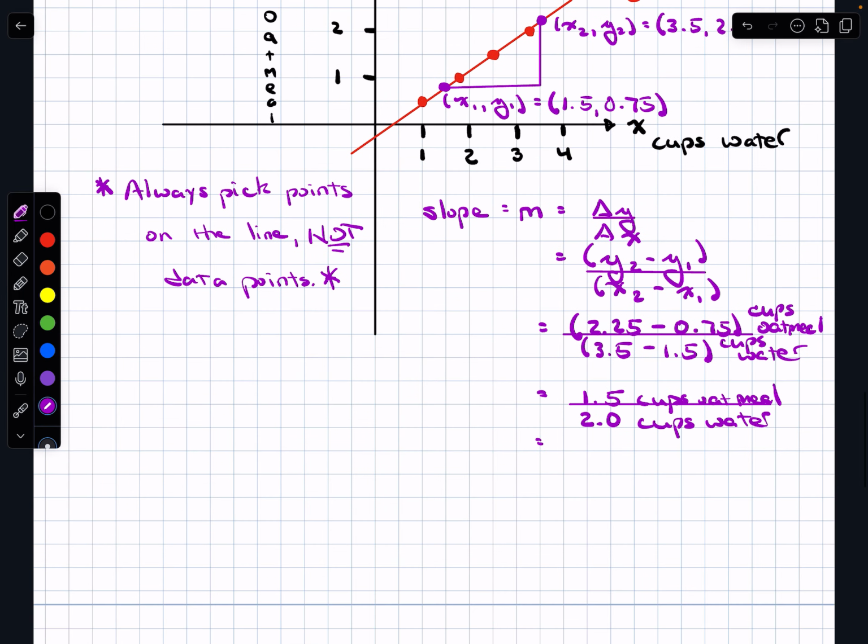Now, what that's telling me is that for every 1.5 cups of oatmeal I make, I'm going to use 2 cups of water. Now, we don't want to leave it like that.